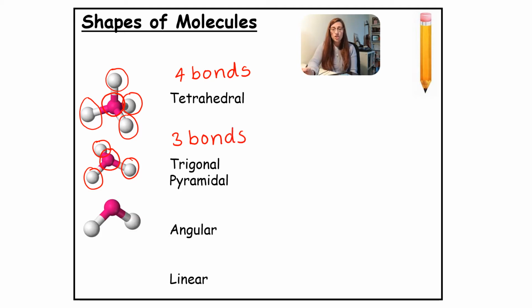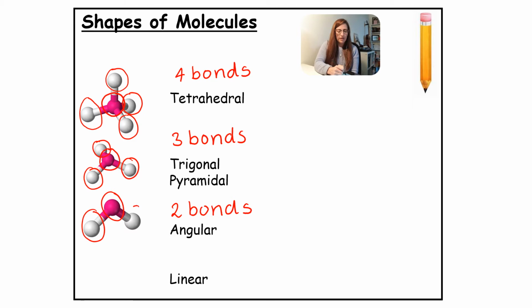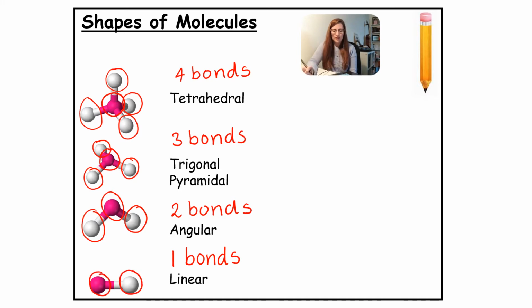Our next shape is angular, and again, it's following a pattern here. Things which have 2 bonds adopt an angular shape with a central atom here in pink and 2 other atoms here in white. And last but not least, we've got linear. So we've gone from 4 bonds, 3 bonds, 2 bonds, and linear are molecules which have only 1 bond in them. And we've got our central atom in pink and our other atom in white. So examples of what these actually might look like.